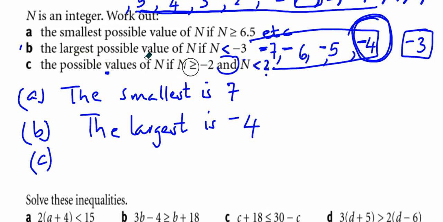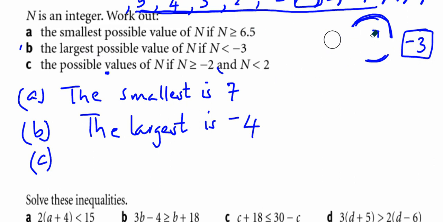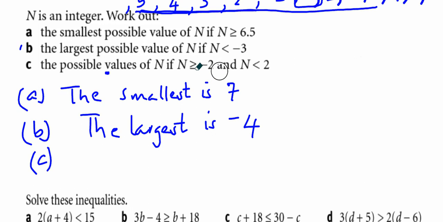Okay, let me clear everything. The possible values of n if n is greater than or equal to -2. So the n should be greater than or equal to -2, and the same n should be less than 2.